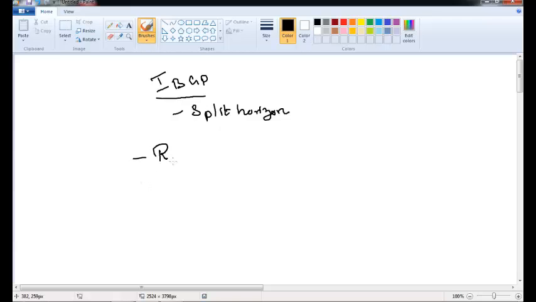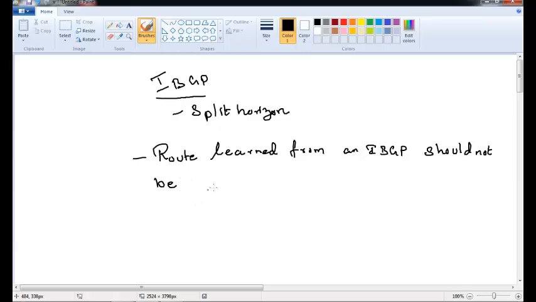It says a route learned from an IBGP should not be given to other IBGP.